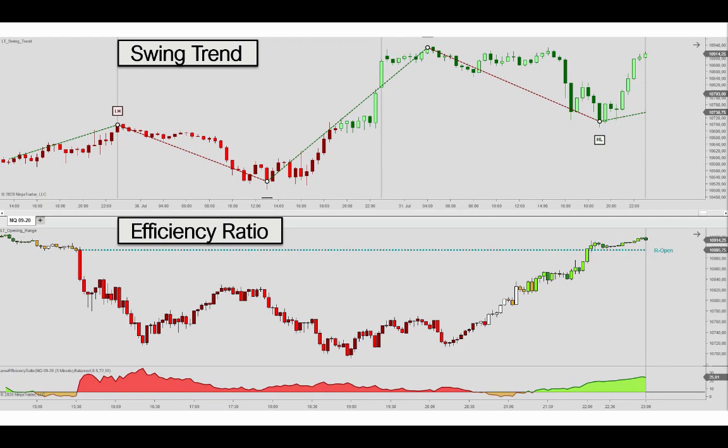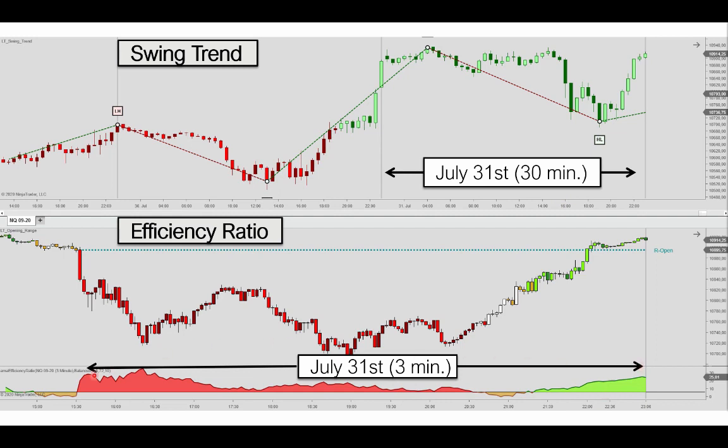Generally, important setups will occur when both show the same bias, thus confirming one another. As we see here, the swing trend indicator showed a new uptrend starting here. The signal would occur here in a 30-minute chart, and that contradicts what we see in the lower time frame. This is the same day, but in a 3-minute chart.